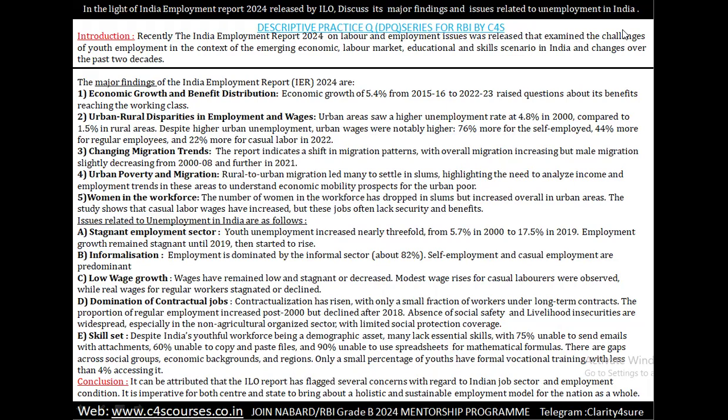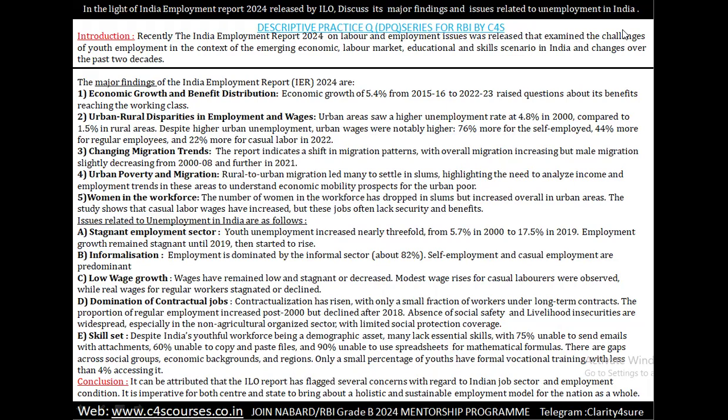It is not limited to the private sector. We can witness contractualization in the public sector as well, because the government is encouraging more and more contractual jobs. The tenure will be shorter, and there is no guarantee that the person's job security is safe.